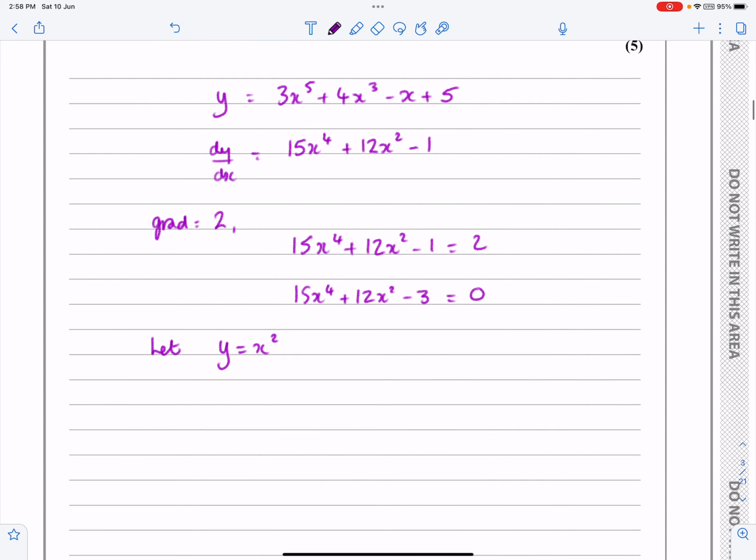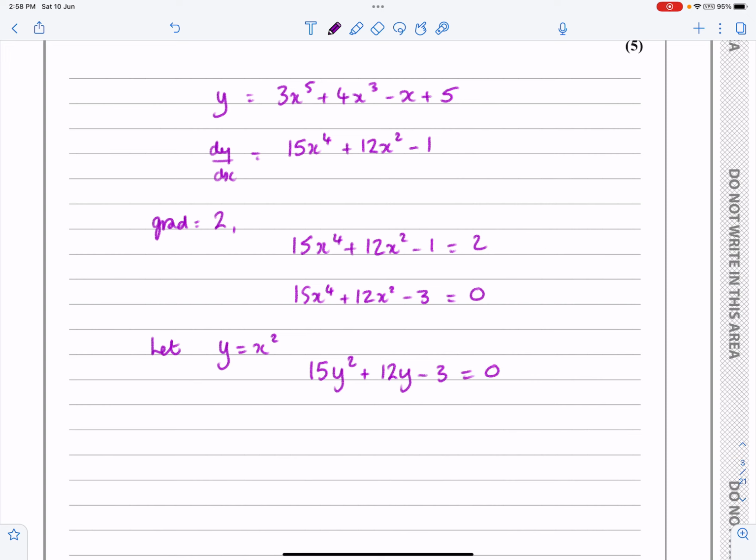But if y is equal to x squared, then 15x to the 4 is 15x squared squared. So it's 15y squared plus 12, sorry, 12x squared, which is 12y, minus 3 equals 0.